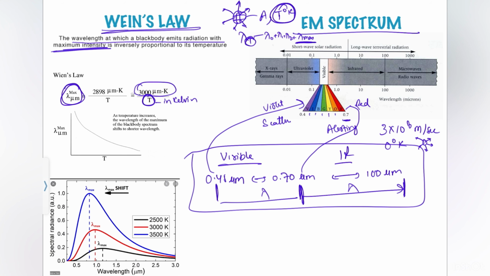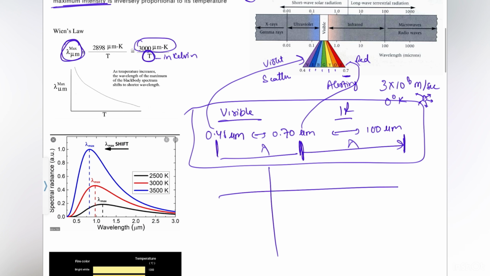Using this formula, let's make a chart with temperature at one end and wavelength at the other. Temperature is in Kelvin and wavelength in micrometer. Let's say temperature 27 degrees centigrade, which is 300 Kelvin. If we put 300 Kelvin into the formula, the wavelength coming out is 10 micrometer.